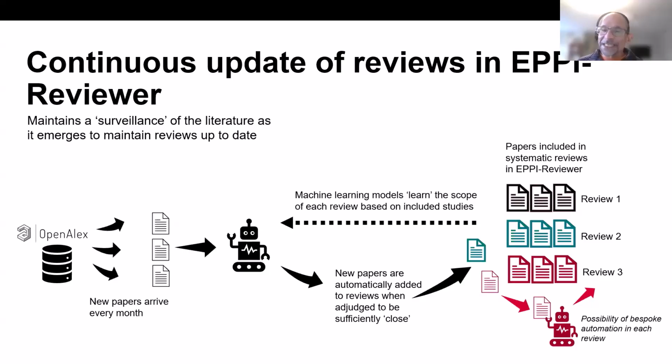Given training data, so examples of your relevant items and irrelevant items, the system can then classify items according to the probability of inclusion. So you can then filter out these results of literature surveillance automatically. So obviously that's a huge boon in creating living reviews, keeping your reviews up to date.